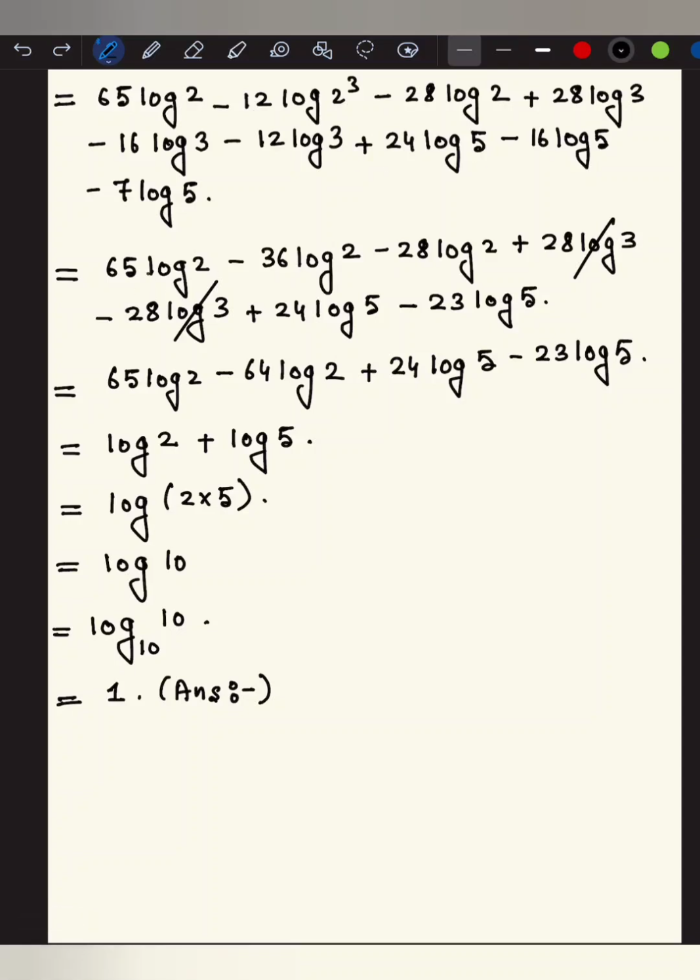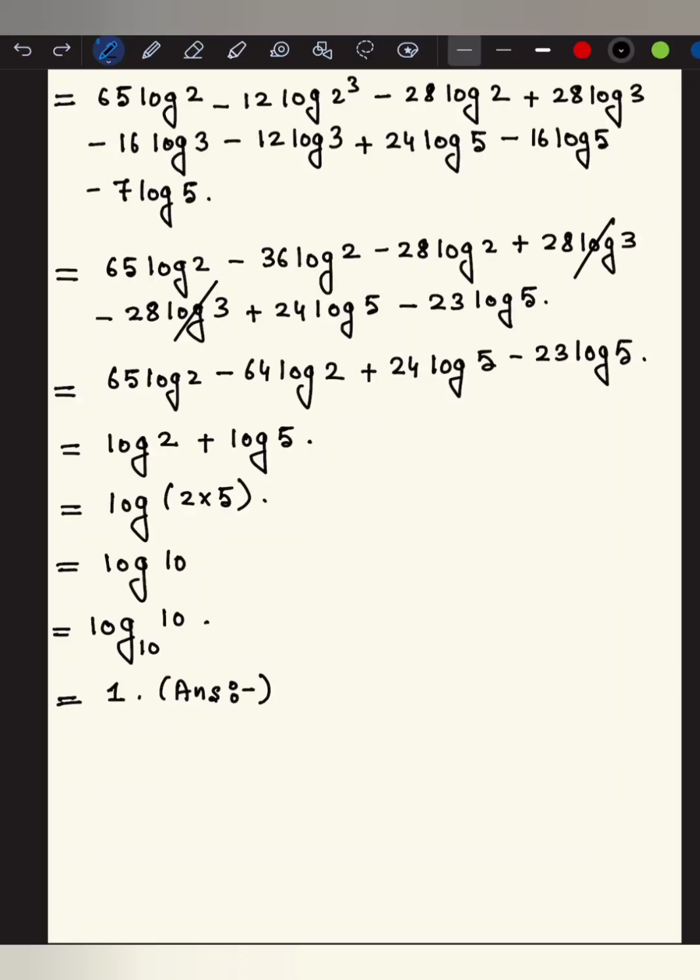So it comes out to be 65 log 2 minus, this 3 comes here and gets multiplied to 12 and it becomes 36, so minus 36 log 2 minus 28 log 2. Plus 28 log 3 and this minus 16 minus 12, that means minus 28, so minus 28 log 3, plus 24 log 5 and this minus 16 minus 7 means minus 23, so minus 23 log 5.